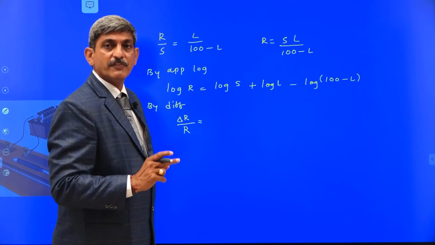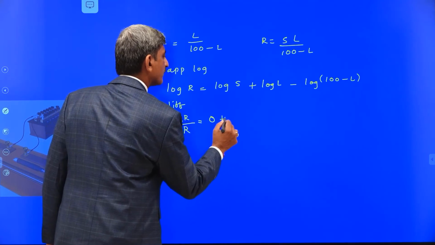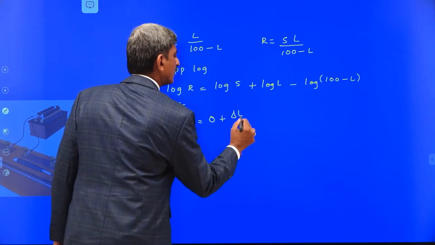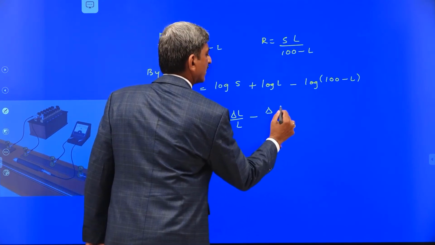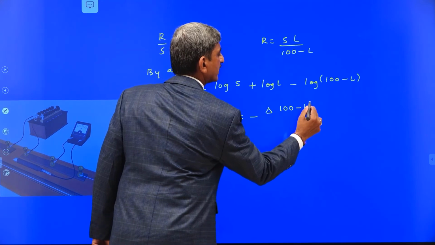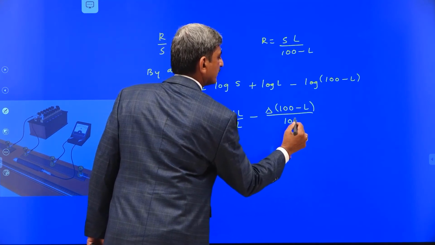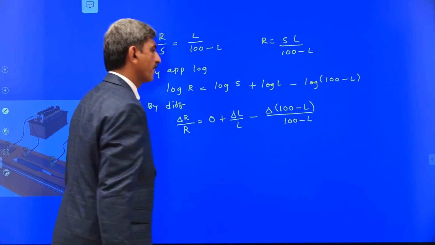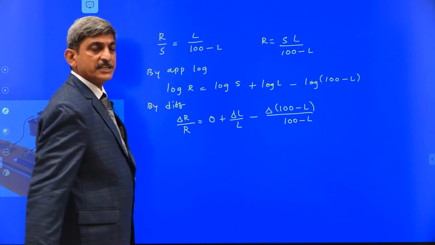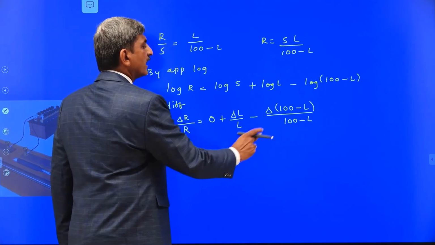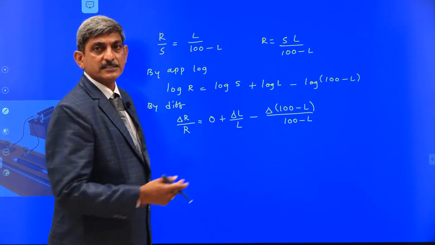If we take a differentiation for a constant, the result is 0, so 0 plus delta L by L minus delta (100 minus L) by (100 minus L). Now, this is the relative error in the resistance, this is the relative error in the length, and this is the relative error in the measurement of 100 minus L.